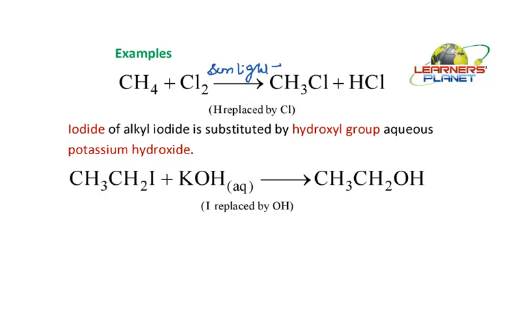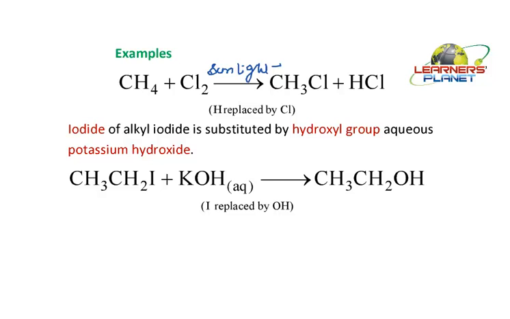So methane reacts with chlorine in the presence of sunlight and gives what? Methyl chloride plus HCl. So what has happened here? H of methane has been replaced by chlorine.